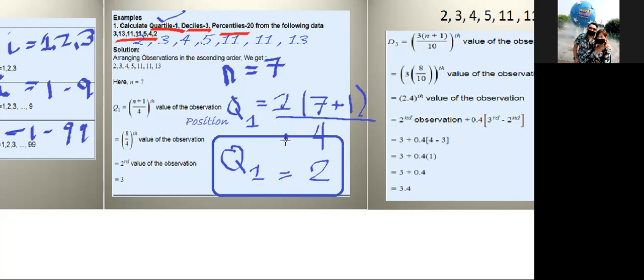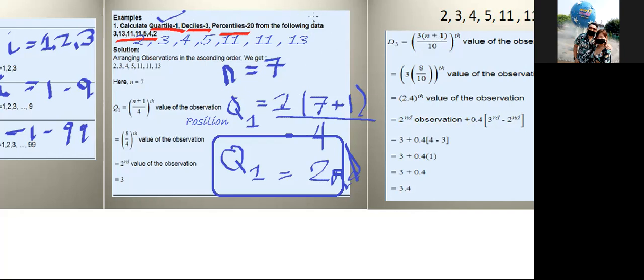Here you can see that 7 plus 1 is 8, and you divide it by 4, so that is 2. That position is the second observation. So not yet the answer. Still need to have the second position. Then you look back at the data that you have.